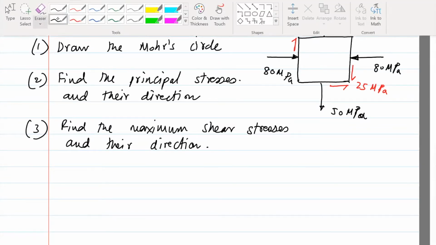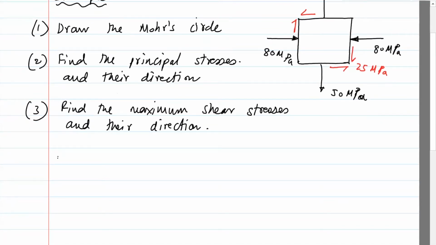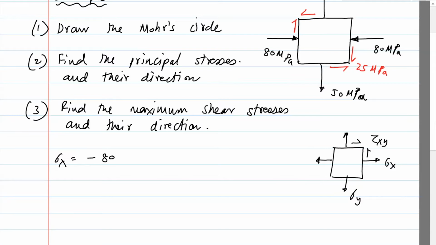Before we do that, let's just write what sigma x, sigma y are. So our normal element is like this. Going by that figure, we can see that sigma x is minus 80, right?